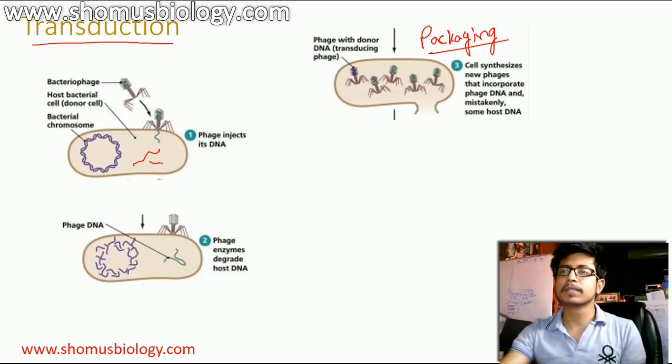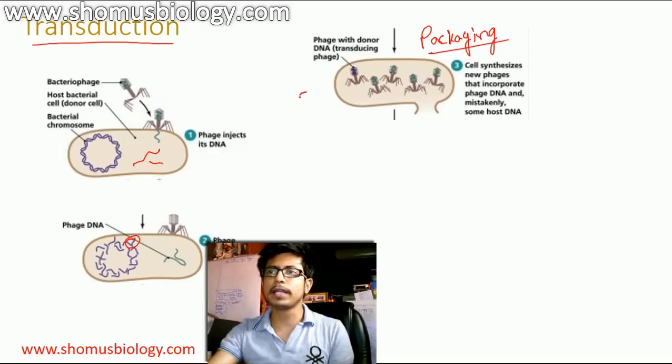During this packaging, due to some mistakes, sometimes they also put some of the bacterial DNA into the head of the phage. This is rare, but it happens. For example, in this picture you will see 1 out of 5 phage particles receives bacterial DNA.